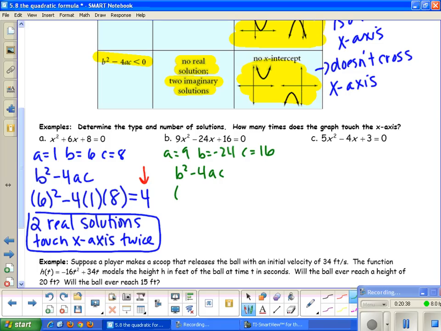So in this case, I get negative 24 squared minus 4 times 9 times 16. When I do that, I get 0. So since my discriminant is 0, if I take the square root of 0, it's just 0. That means I'm going to have one real solution. And that means we only touch the x-axis once.